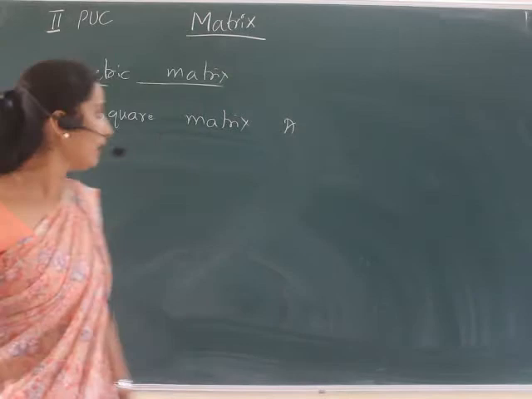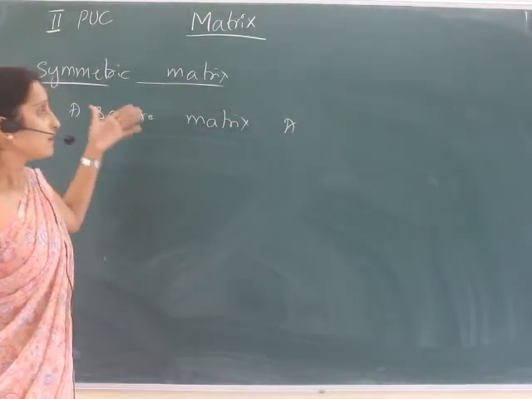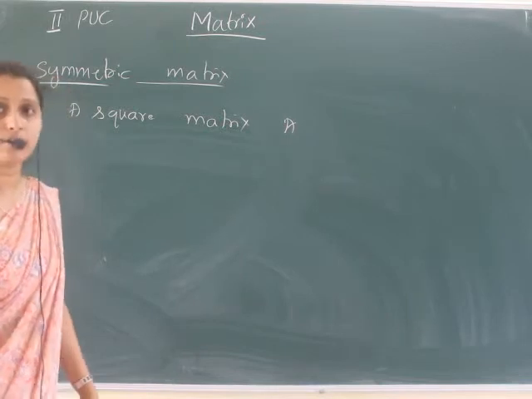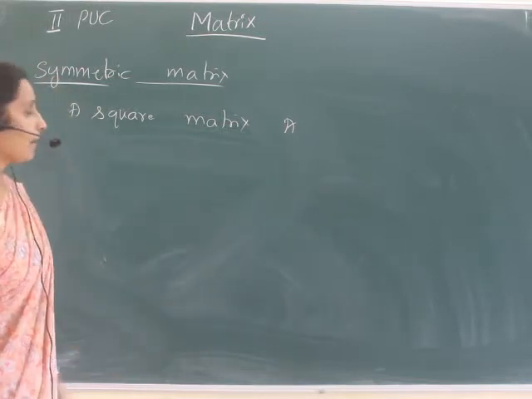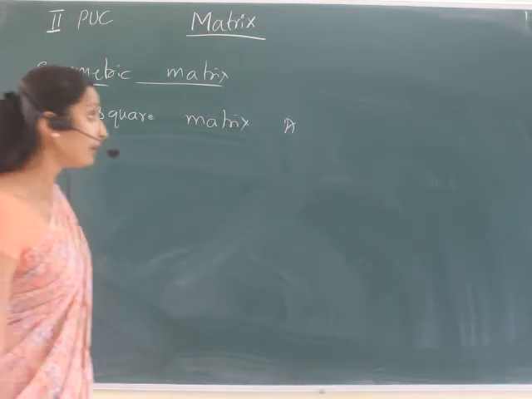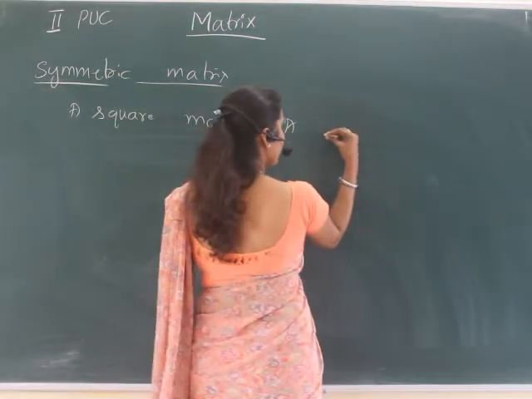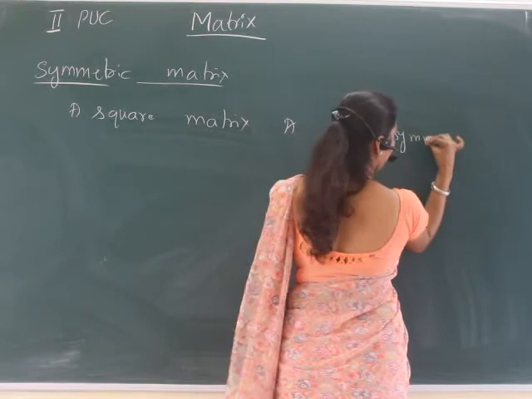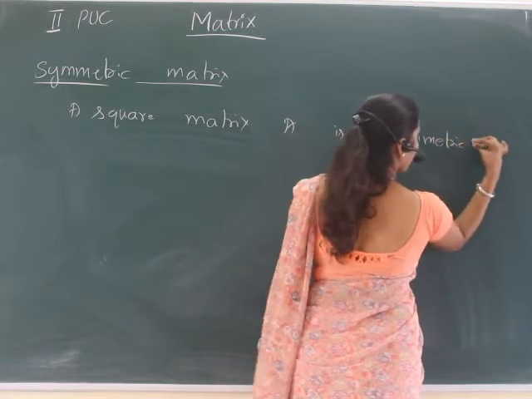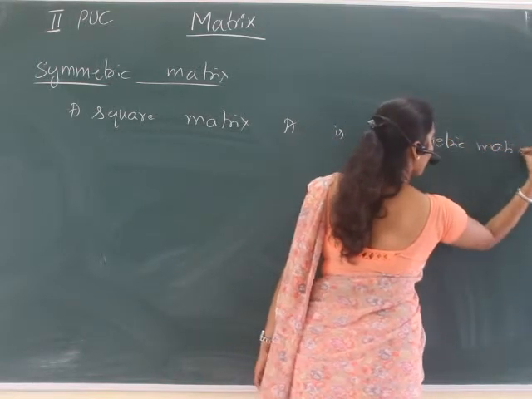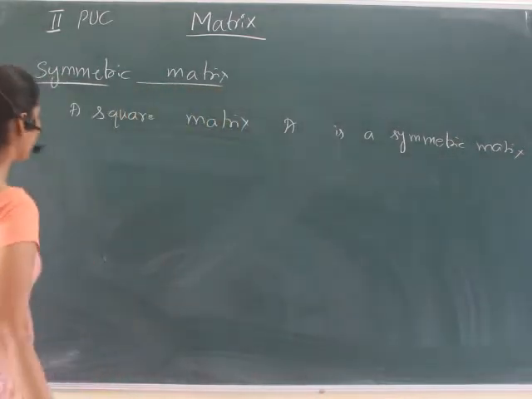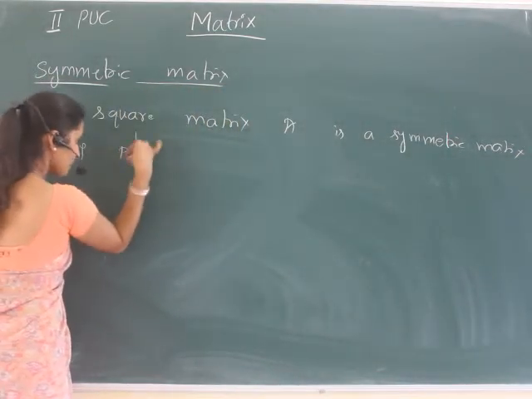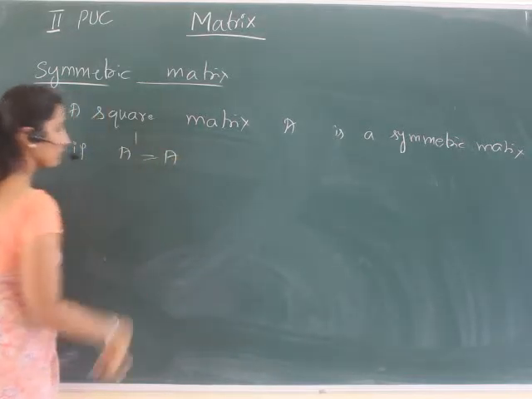A square matrix A is said to be a symmetric matrix if A transpose is equal to A. We have studied the transpose of a matrix also.